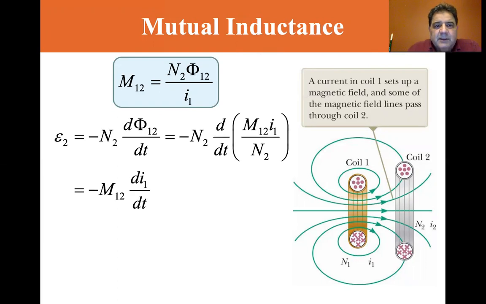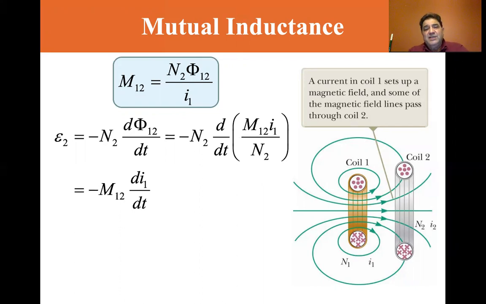Now, E2 is equal to minus N2, Faraday's law, E2 is equal to minus N2 d phi dt, the change in magnetic flux. You can see from the blue rectangle above, phi12 is equal to M12 times I1 divided by N2.